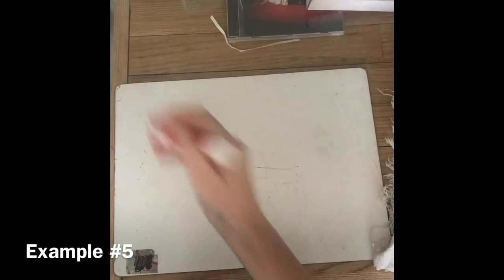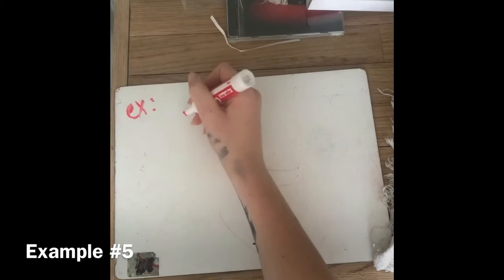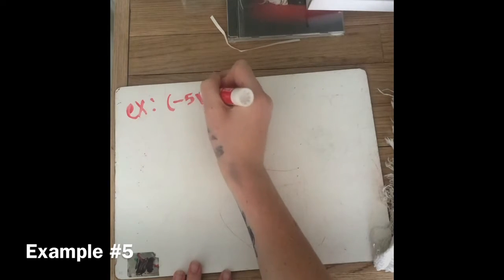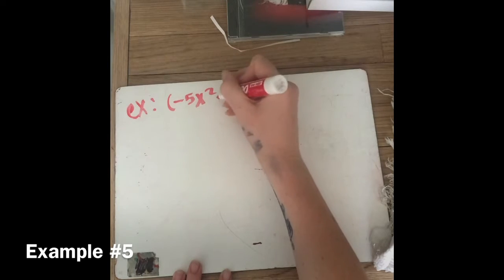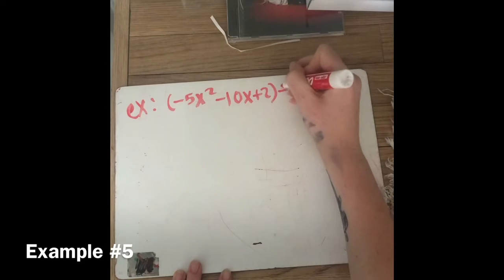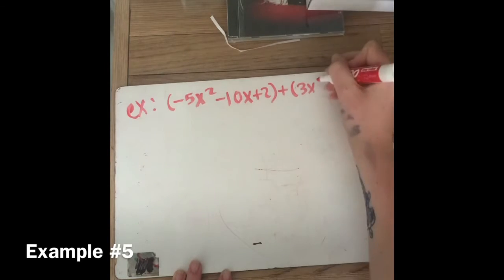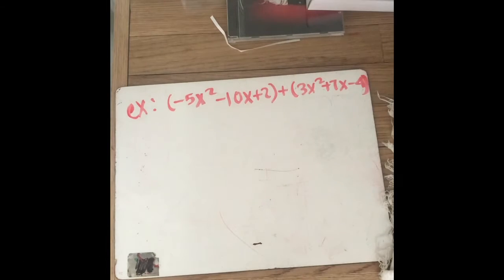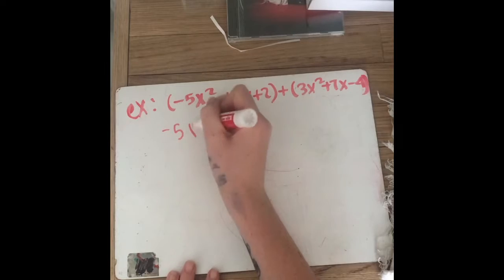Alright, for another example, let's try negative 5x squared plus 4. So you're going to remove all the parentheses.